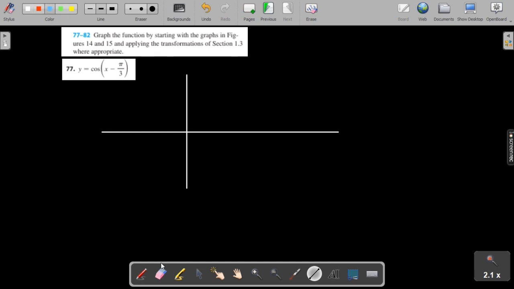So cosine would look like this without any transformations. I'm just going to draw a portion of it so that it would look like this. Alright, so this is your cosine.